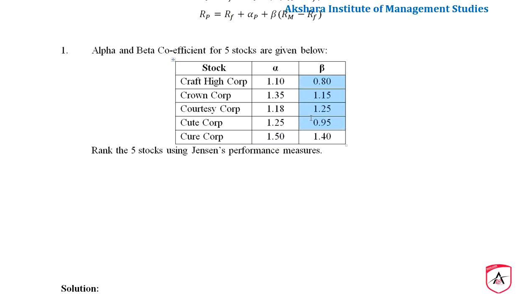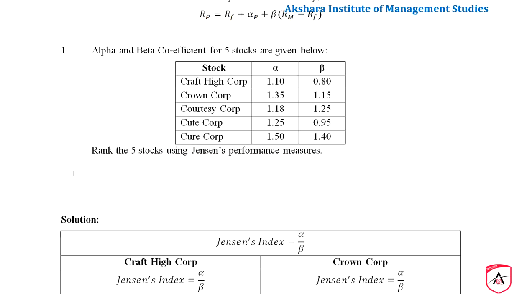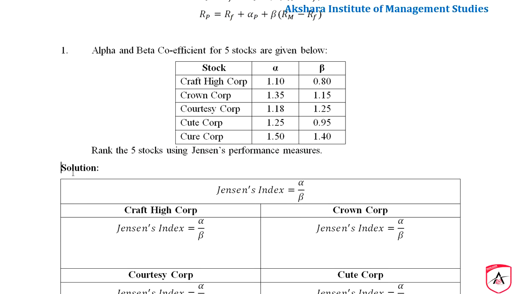We have to rank which stock is better by using Jensen's performance index. He has asked only to rank the 5 stocks using Jensen's performance index. So here, by using this formula, we have to calculate the Jensen's performance and rank which stock is better for investment.